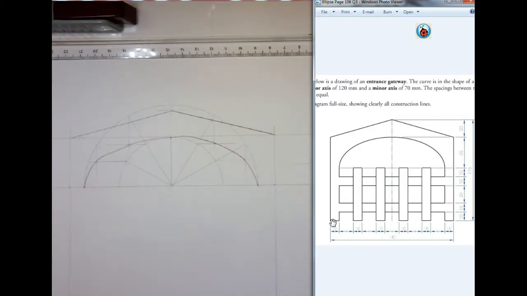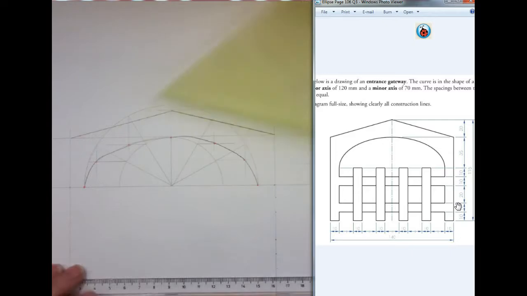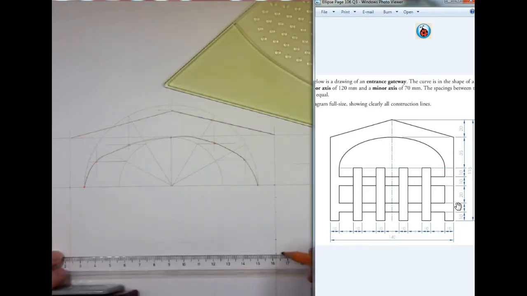Lovely. Now, next distances we have 10, 10, 20, 10, 10. And from each of those dots, we're going to go horizontally across.